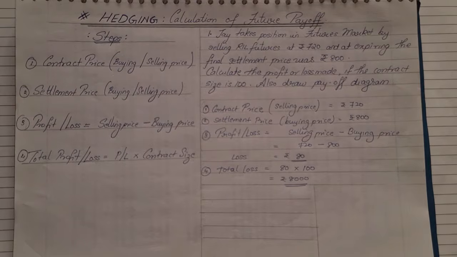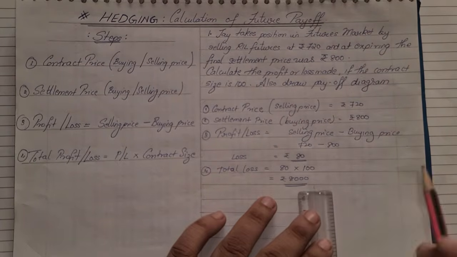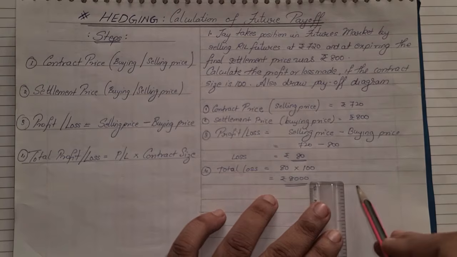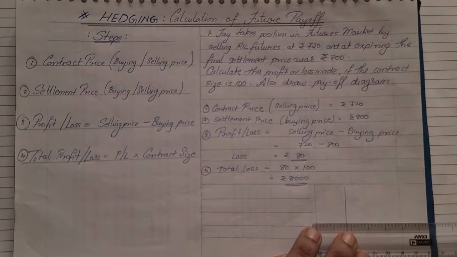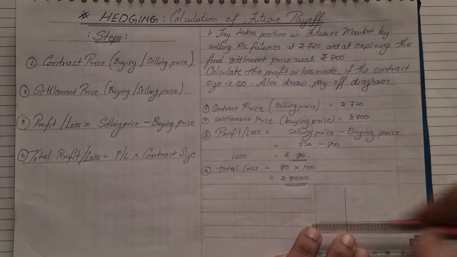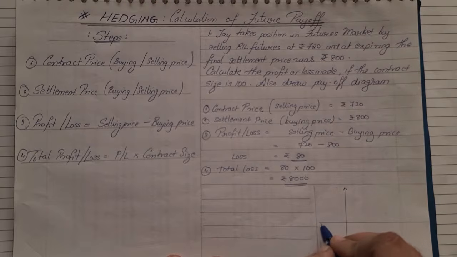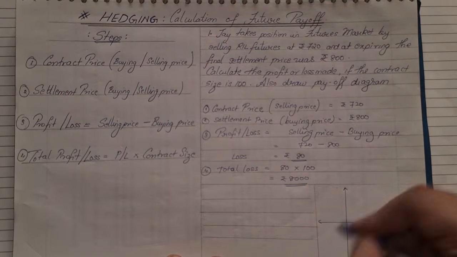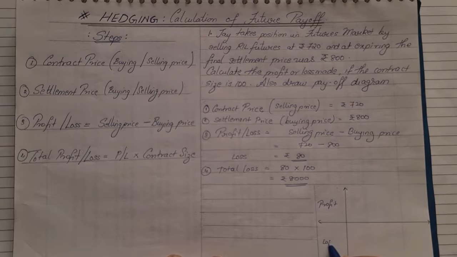Now the same thing we need to draw by making a payoff diagram. Very simple. We'll first note down the y-axis and x-axis. Remember, on your y-axis, the above part will consist of profit and the bottom is made up of loss.